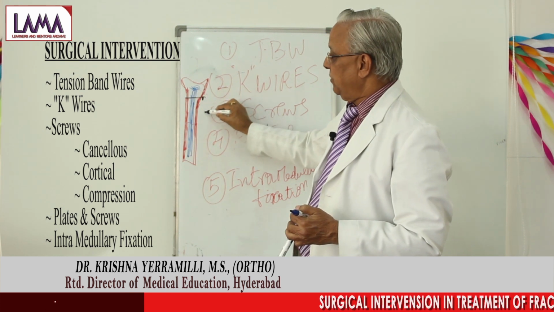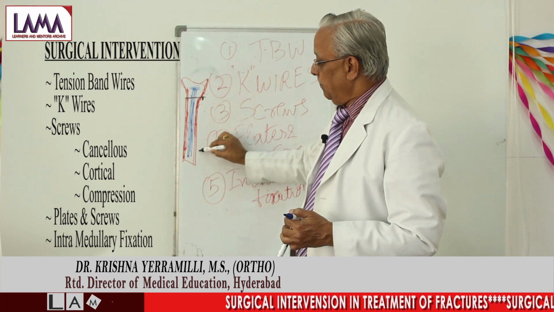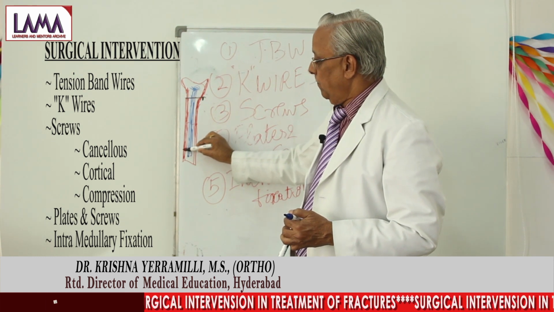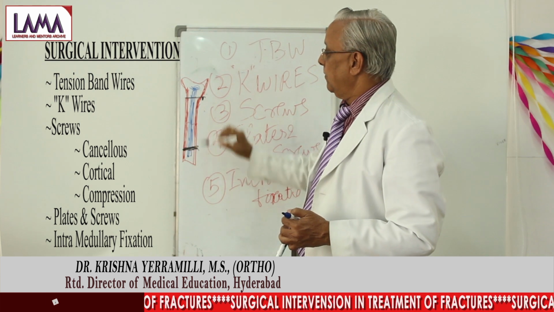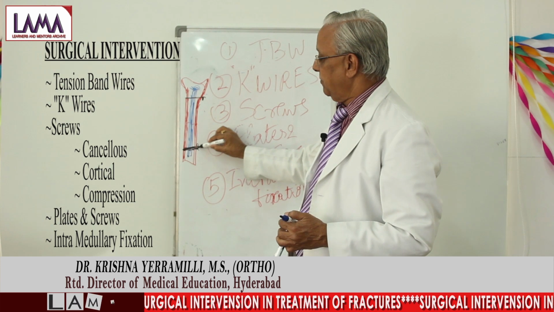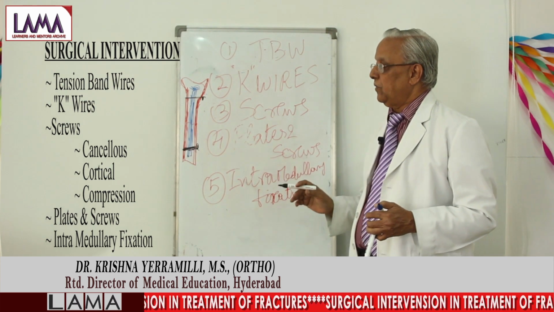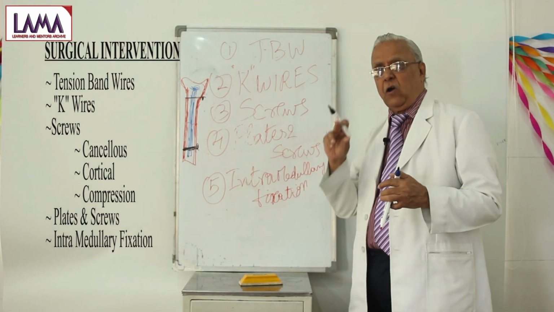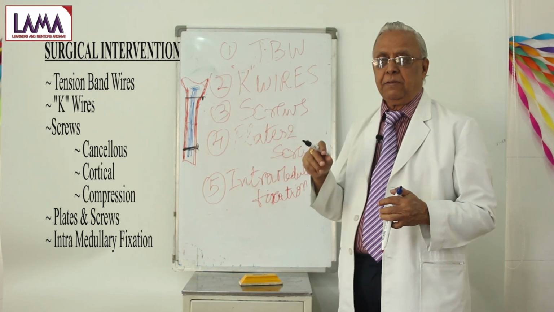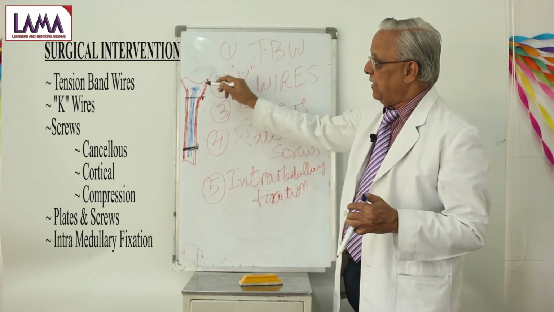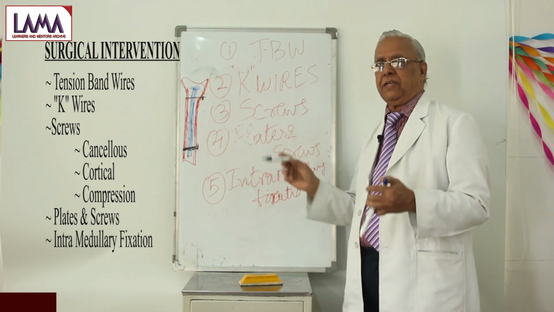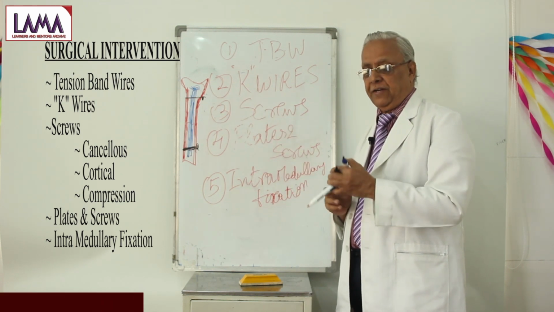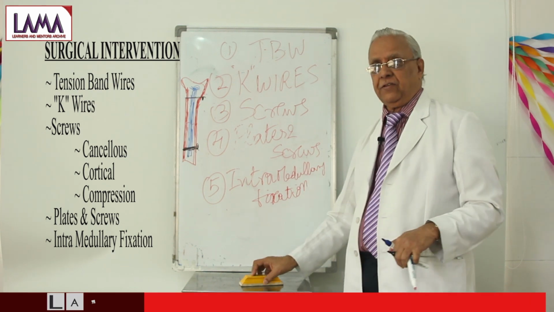So by this way, here there is another screw, this also is another screw. So here, what we are trying to do is, we are locking the nail inside the bone itself. So it is known as interlocking nail. So these are some of the examples of different kinds of internal fixation.